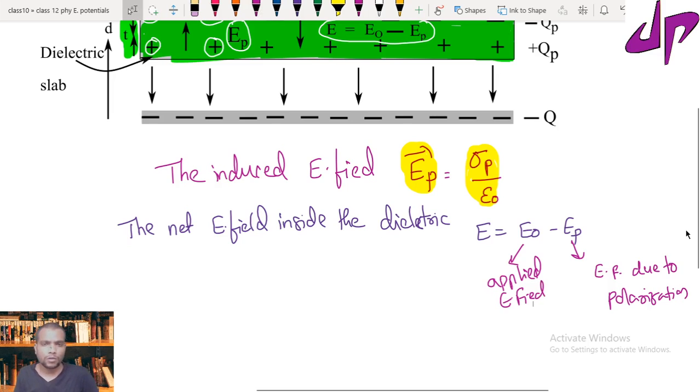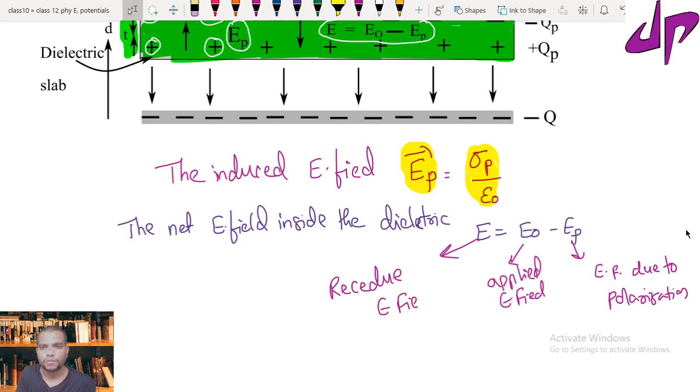Now recall the relation between the applied electric field and the residue electric field. Here E we also call the residue electric field, or net. Residue is nothing but net, which is the leftover.